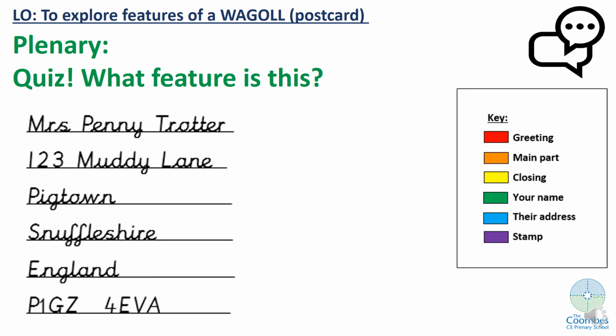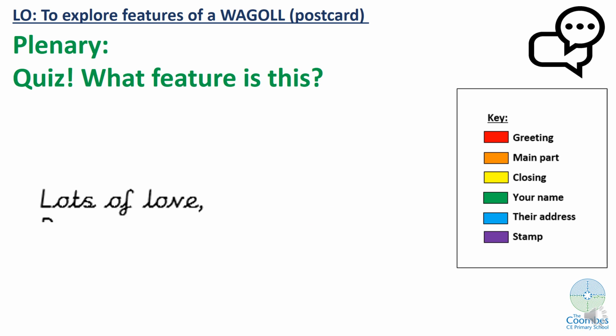Plenary time then, and your plenary is a quiz. So your quiz, what feature is this? Look at the feature that's on the screen. What feature is it? It's the address. Well done if you got that correct. What feature is this one?